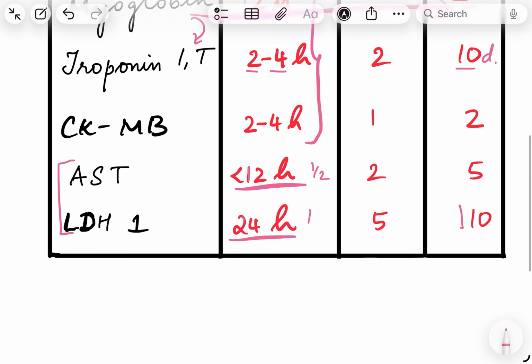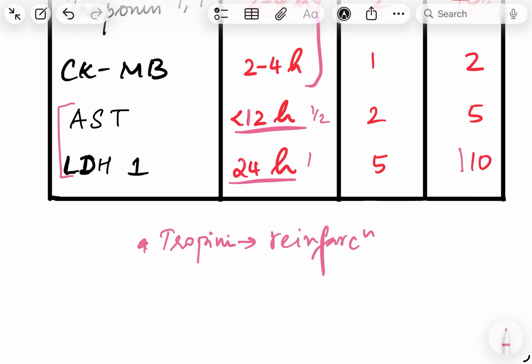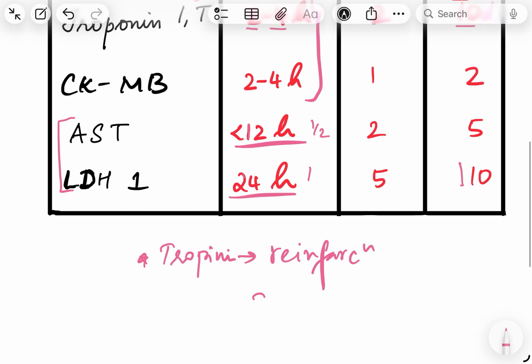One more thing you'll have to remember is troponin can be used as a marker for reinfarction. Troponin, I told you the mnemonic was 20, right? Just remember tro for 20.